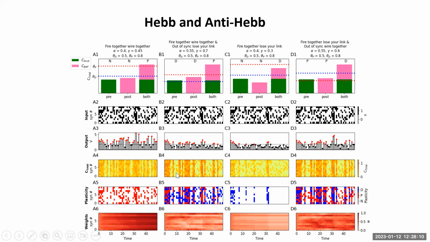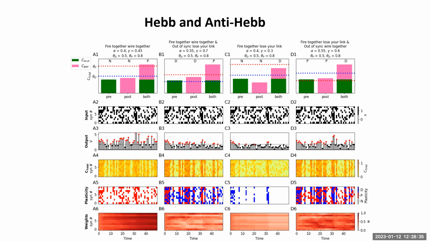Bright yellow basically corresponds to neither a postsynaptic spike nor a presynaptic input. Then you have the orange, where you only have presynaptic input, or only a postsynaptic spike. That will cause depression if you look at this depression potentiation plot. And you have these dark regions where you have both at the same time. That will cause potentiation.